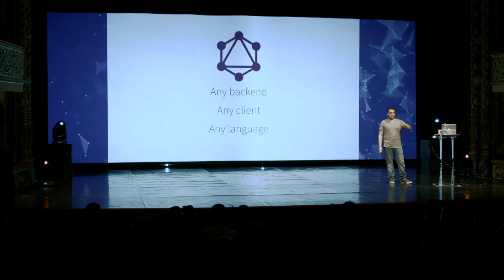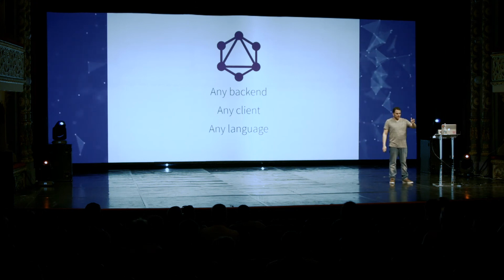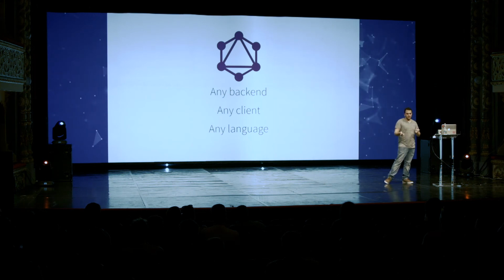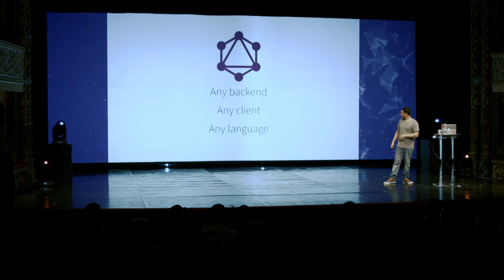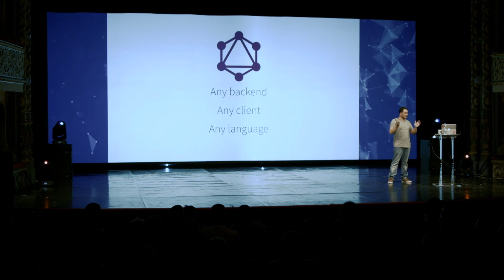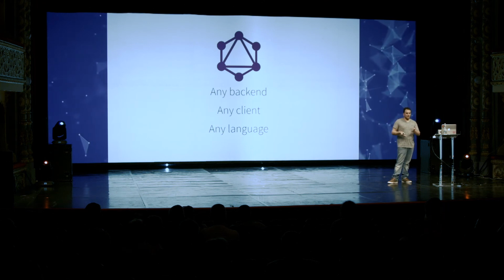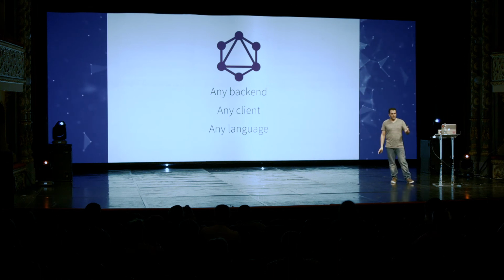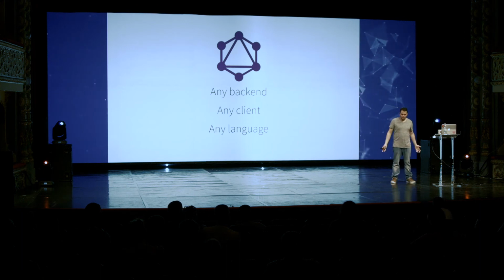It can create responsive and reactive applications with subscriptions. And you can actually run it on any backend. There are currently implementations for Node.js and .NET. You can use any one of them. You can use it with any language and any UI platform.